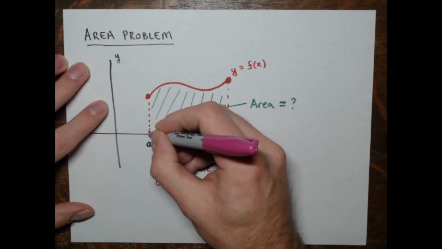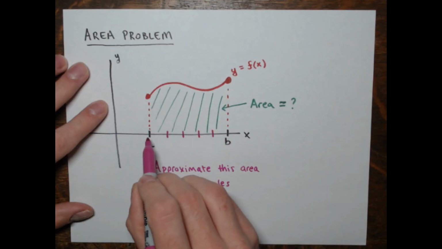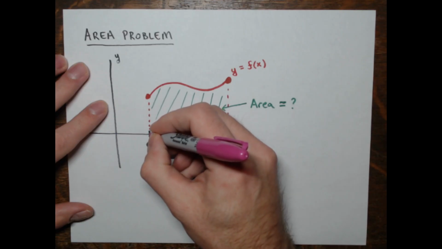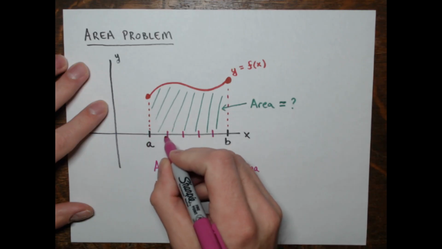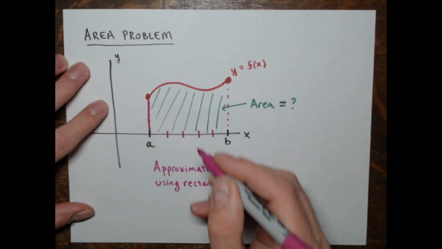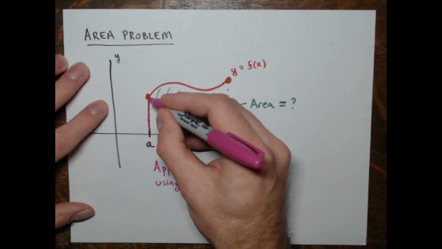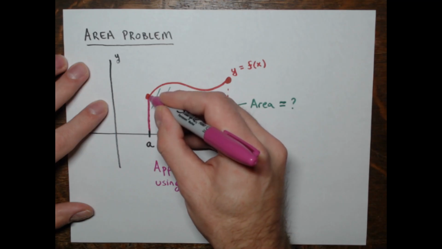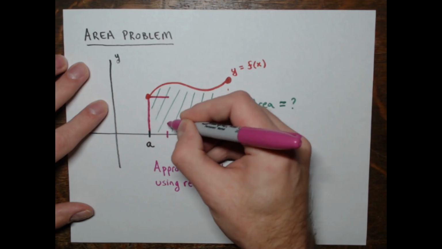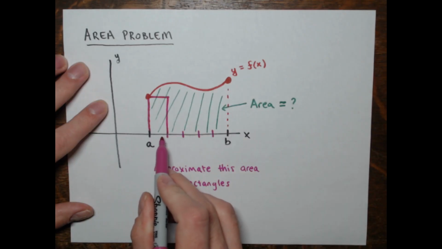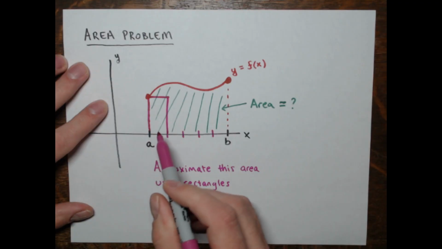And then in each piece, you can plug in a value from that piece. So say from this value A to this first value here, I plug in A, and it gives me this height. It takes me to the value on the function f of A. And then I create a rectangle with that height, and the width is the length of this piece.